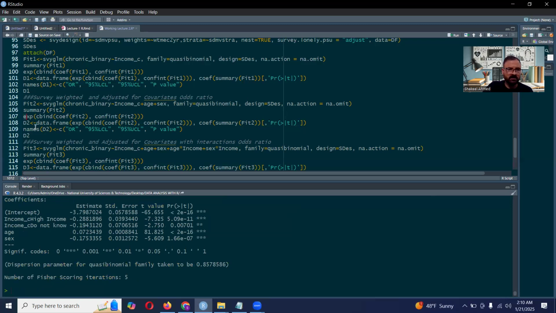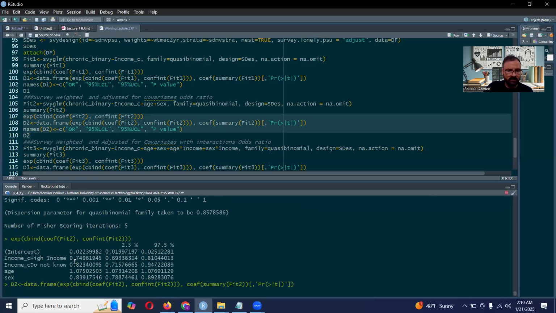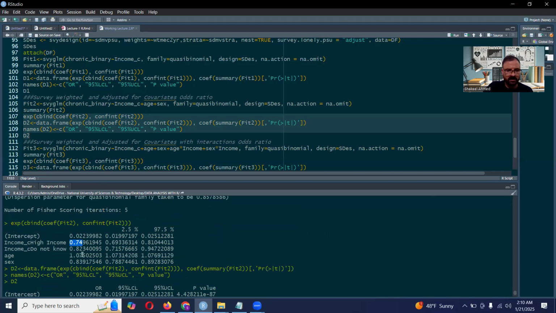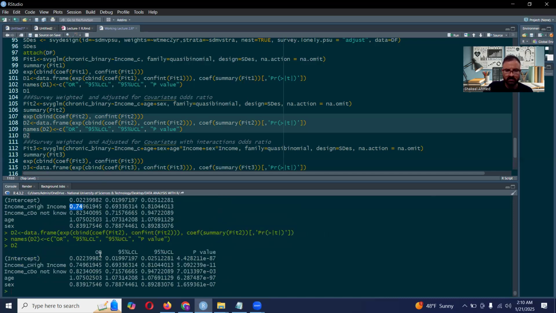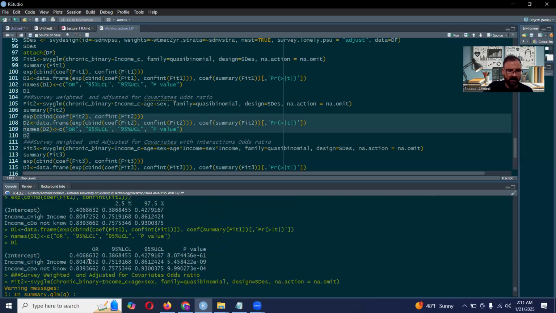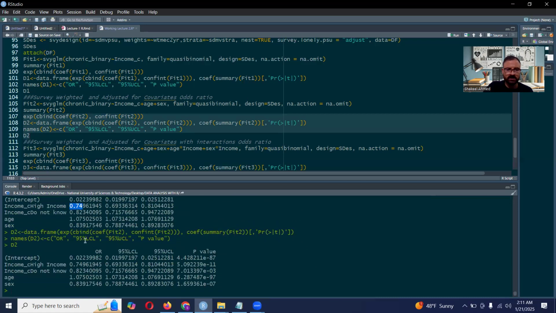I will obtain the final table, and you can see that now the coefficient for higher income is 0.749, and previously it was 0.804. So it is now reduced due to inclusion of age and sex in our analysis as covariates. So this is the true effect.